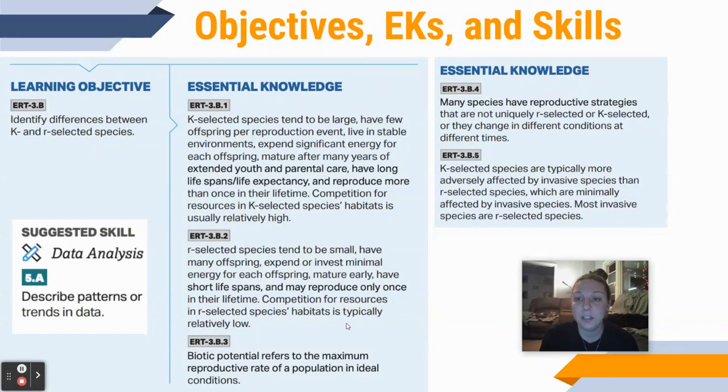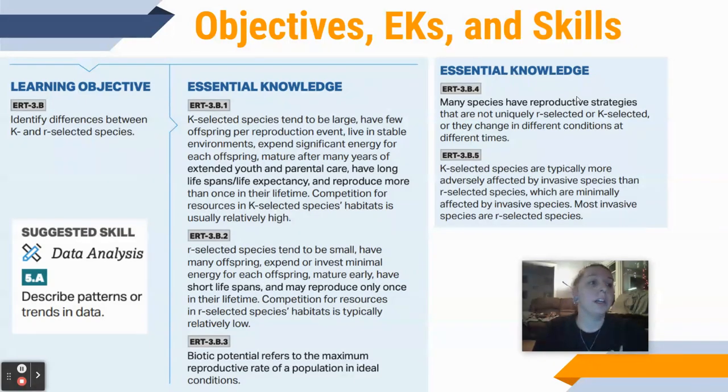And then we also need to understand that, like a lot of things in life sciences, they're not uniquely one or the other. It's kind of a spectrum, and organisms are going to fall somewhere on that spectrum.